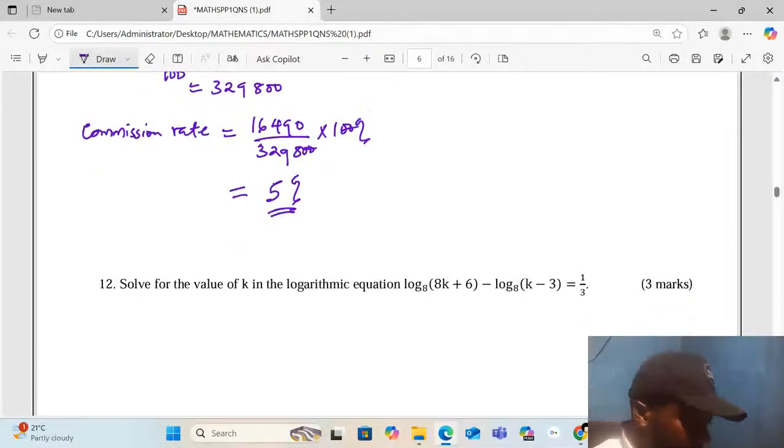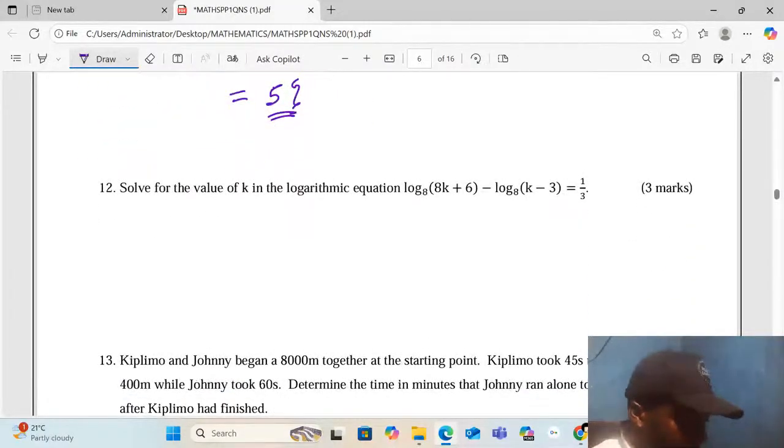And then you solve for the value of k in the logarithmic equation.